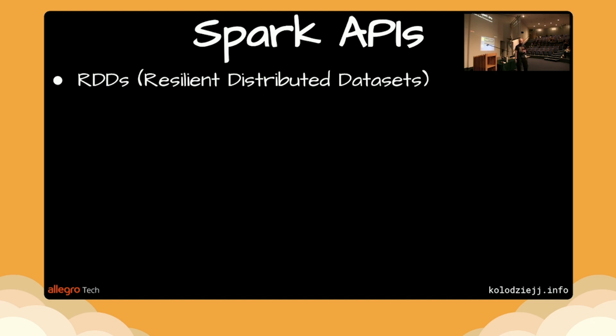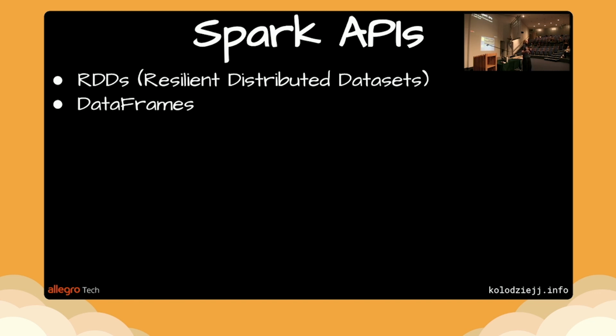About development, Spark offers us a few choices of APIs. We don't need to use all of them. We will be mostly fine with just one of them, but it's a choice. These are just tools we need to use. The most basic ones are RDDs, which offer us a few very basic operations on the most low-level structures within Spark.